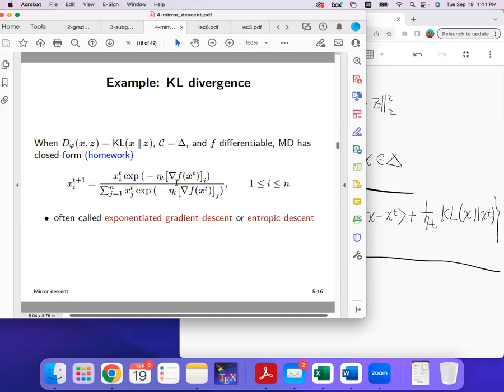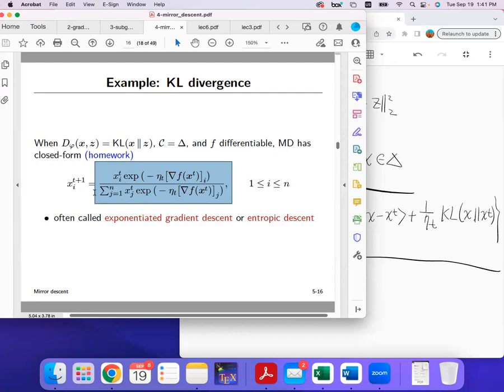And it is very nice, very naturally fits into the problem geometry. Why? Because if you look at this expression, the right-hand side automatically has a normalization factor in the denominator. So no matter what you do, the x_{t+1} you get is always on the probability simplex.